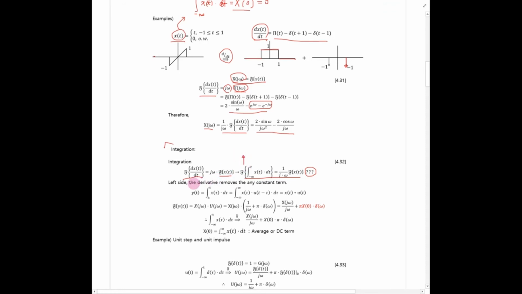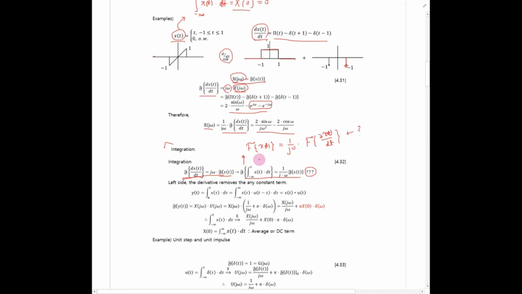It means that the same thing can be understood this way. If it's satisfied, the Fourier transform of x(t) will satisfy 1 over j omega times the Fourier transform of dx(t)/dt. Is that satisfied?